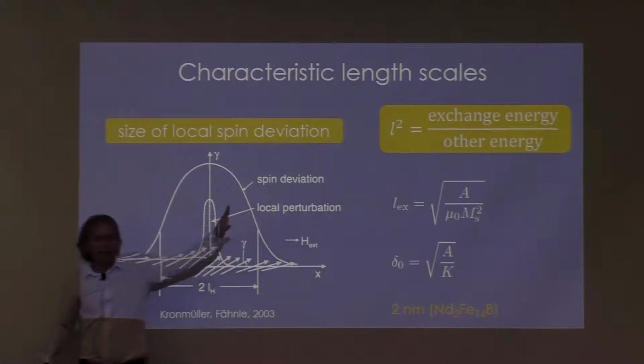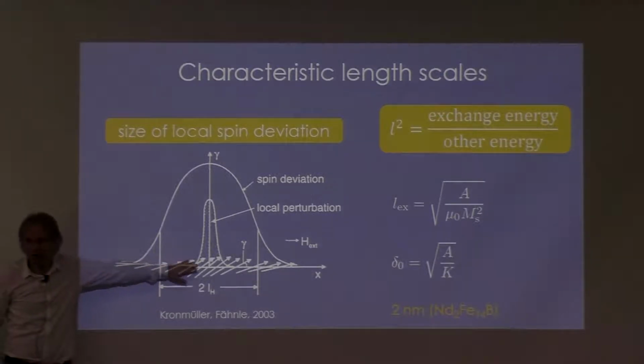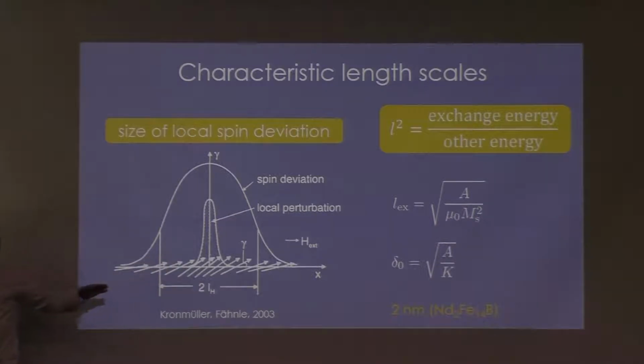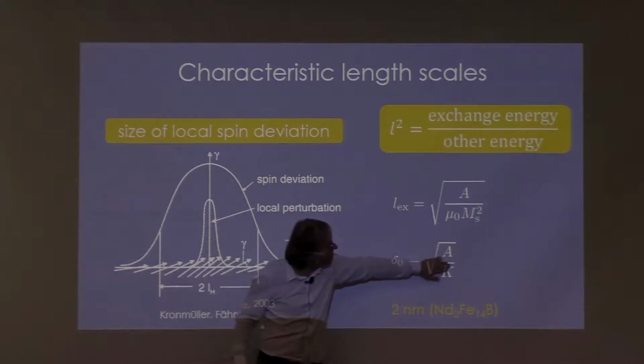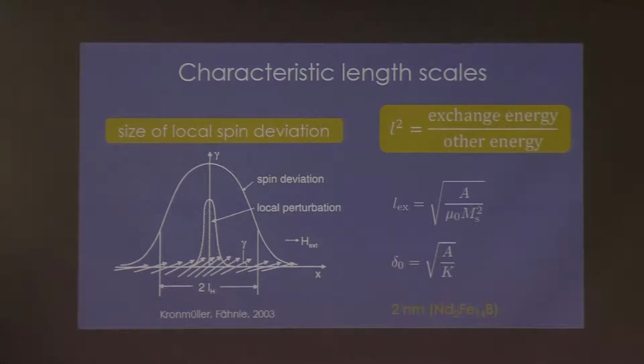The role of the exchange energy is basically a smoothing out of a local perturbation, and the role of the other energy is basically what provides this perturbation. For example, in neodymium iron boron, these characteristic length scales are around 2 nanometers.